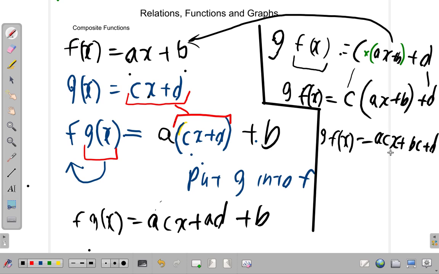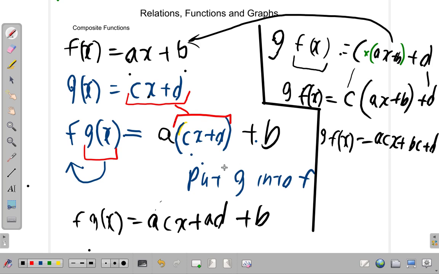So generally, that's what happens, right? That's what happens in general when we have two functions that we want to combine to make a composite function, a function that is a composition of those two functions.